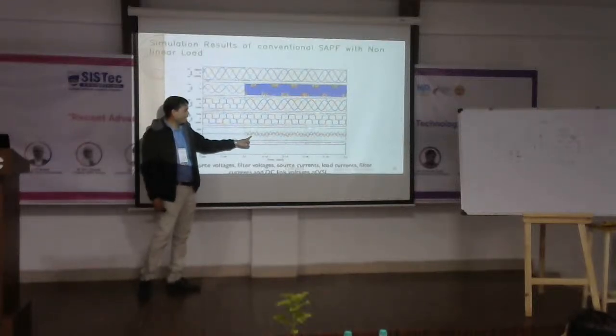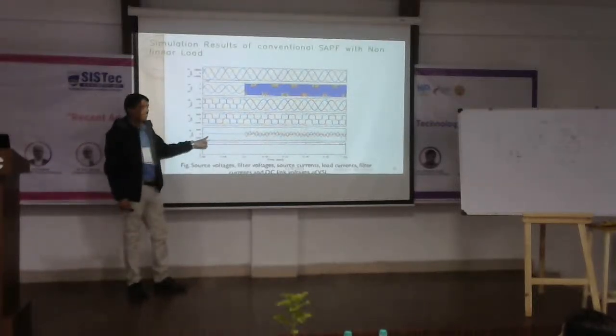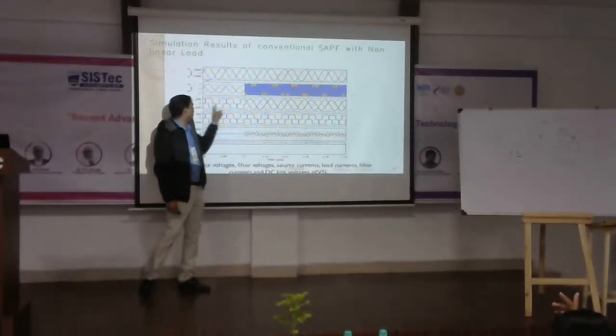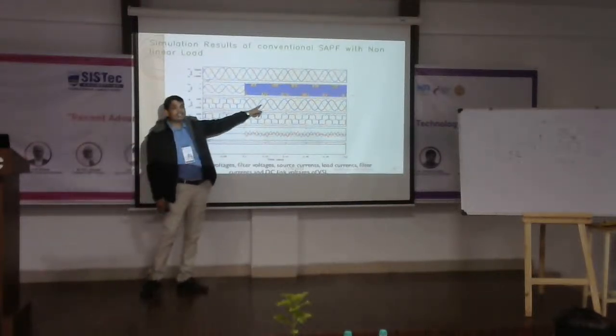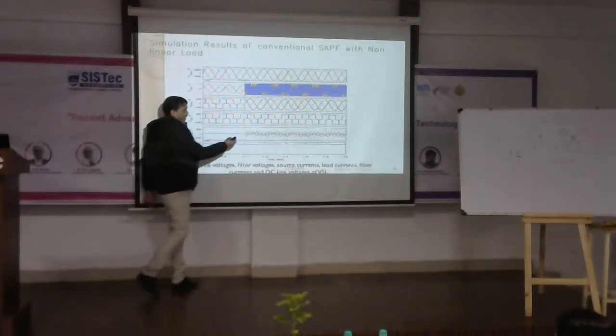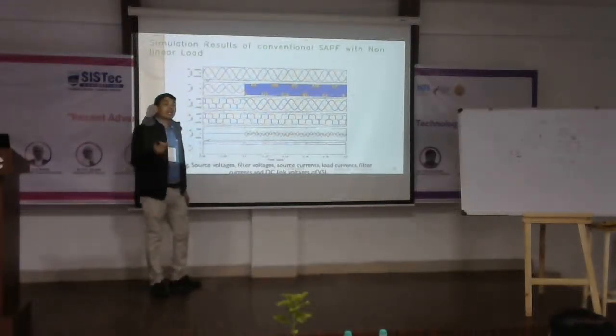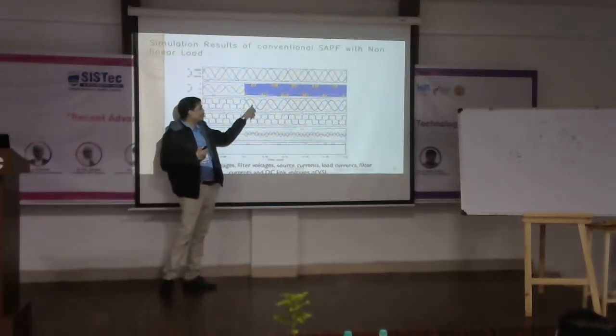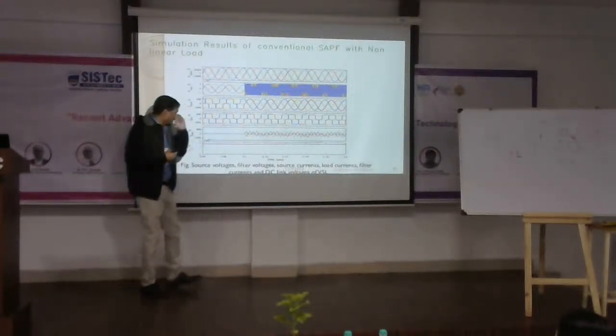And this current is a compensating current, which is generated by the filter. This current is added with that current, and finally you can see your source current will be sinusoidal. When we add the opposite-phase current we developed as a compensating current to the load current, it makes a sinusoidal current. So that is the function of the filter.